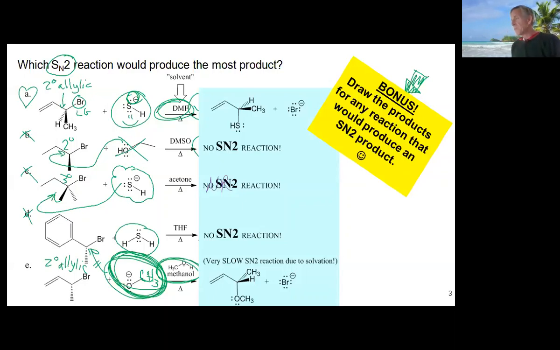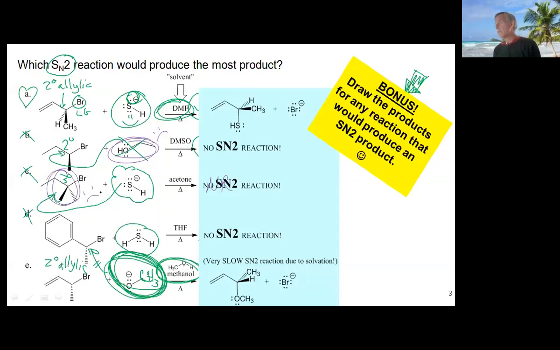So let's be really clear about this. The reason they don't react is because in this first no SN2 reaction, this was a very poor nucleophile. That is what stopped that reaction from working. In the second no SN2 reaction, it was the bulkiness of this substrate that caused it not to work.